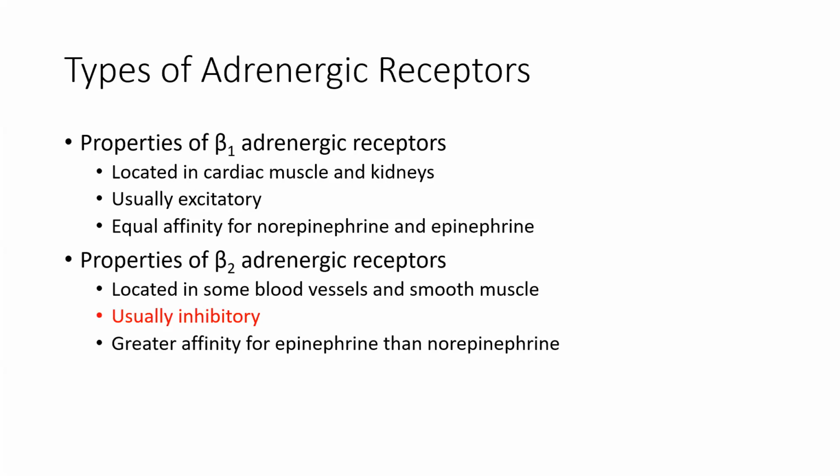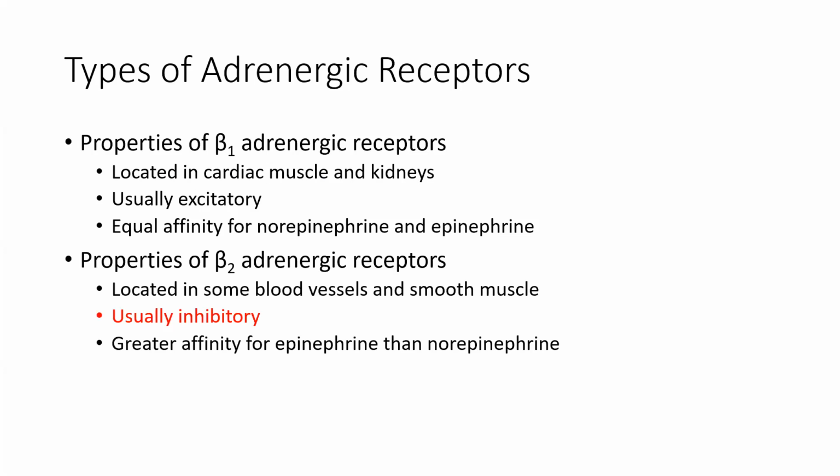And then the affinity here is equal. So beta 1 receptors don't have a preference as far as norepinephrine versus epinephrine, and they have an equal affinity for both of these neurotransmitters or hormones. And I'm going to keep saying neurotransmitter or hormone so that you can think about the adrenal medulla option, right? So it can be norepinephrine as a neurotransmitter at the synaptic junction, but also as a hormone in the blood.